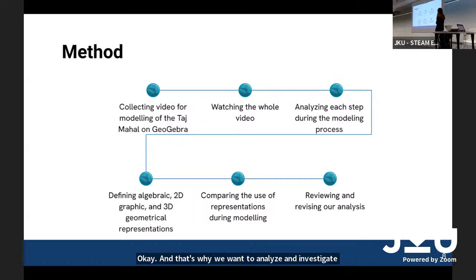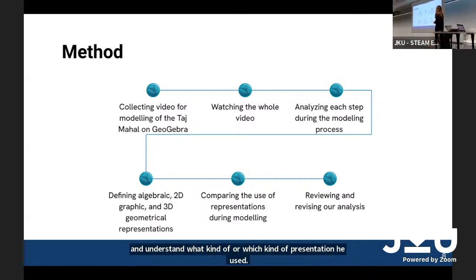You can see our methodology in this slide. We first start with collecting videos with our expert and watch all of the videos again and again to analyze each step during the modeling process and understand which kind of representation he used.